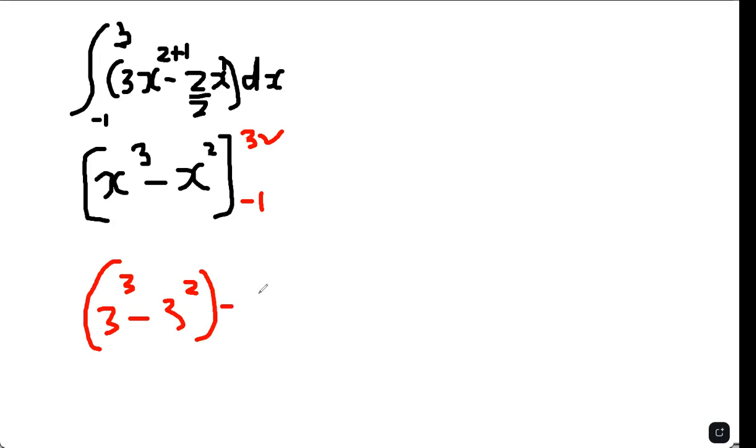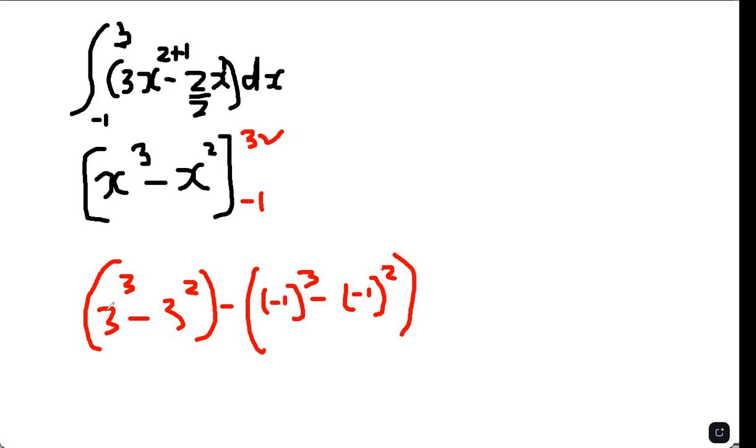So minus the substitution of the lower limit, we have our negative 1, which is multiplying 3 times. We subtract our negative 1, which is being multiplied 2 times. This is what we have.